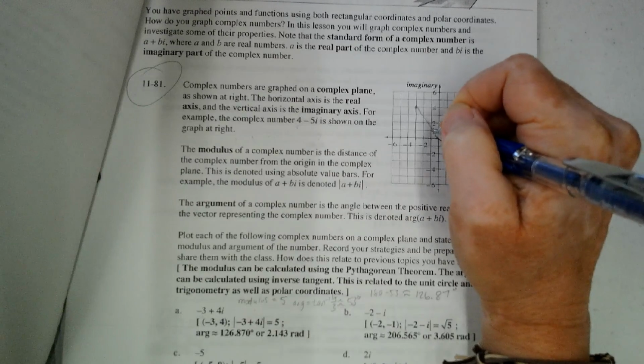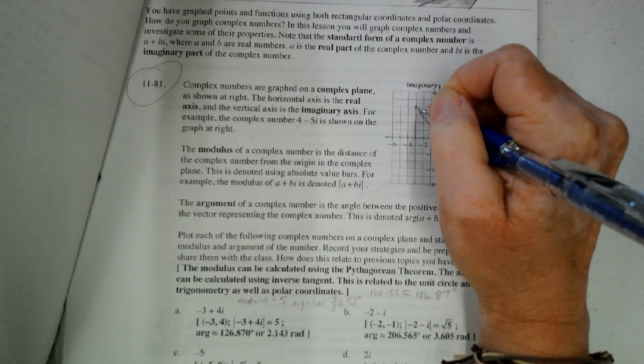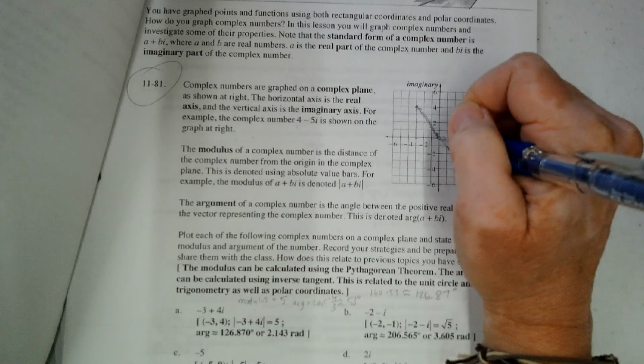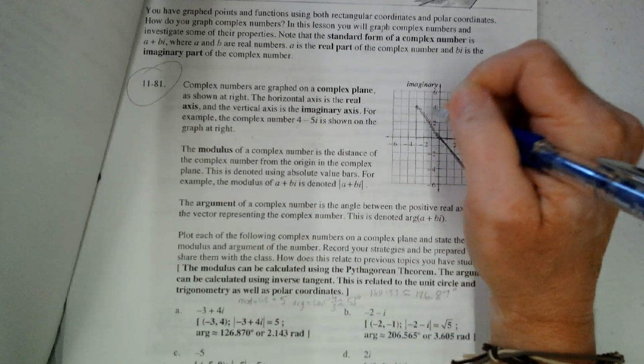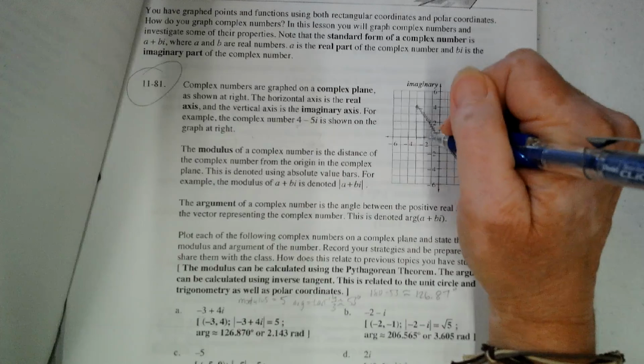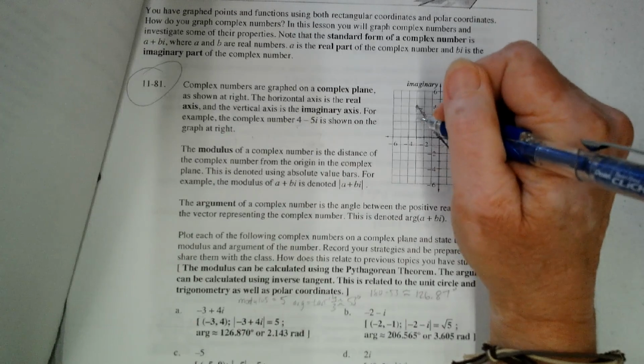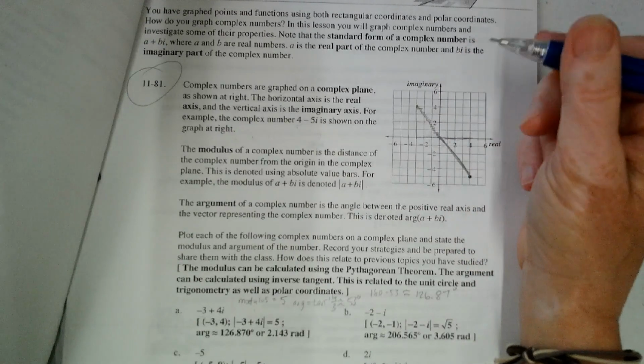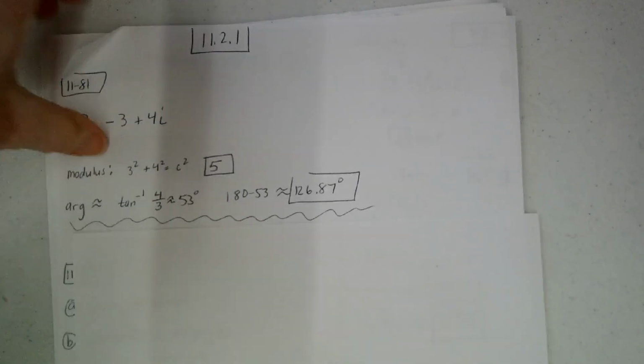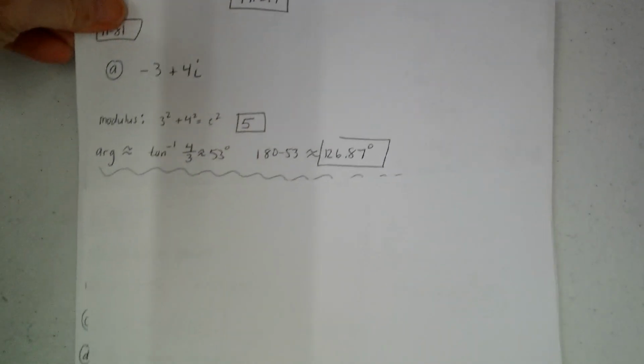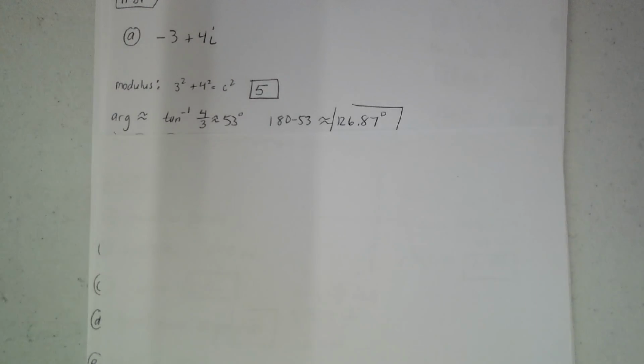I'm going to think of it as the hypotenuse of a little right triangle. So I am going to make the right triangle, 1, 2, 3, and 1, 2, 3, 4, and I could use the Pythagorean theorem. I could say 3 squared plus 4 squared equals c squared, and I ended up with 5.